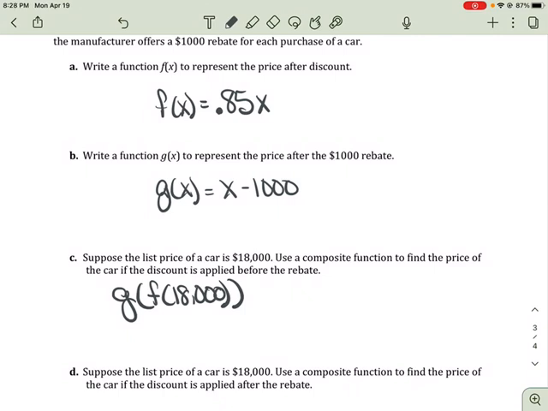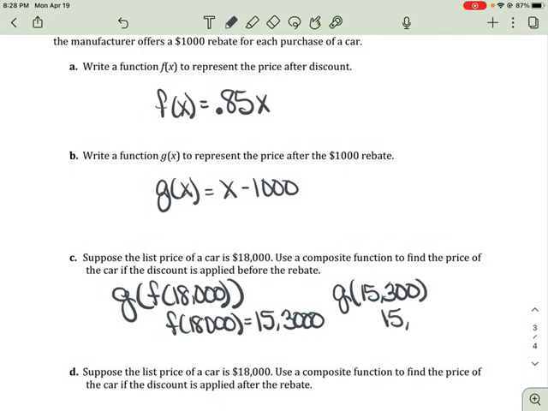Okay, so f of 18,000 is 15,300. And then we're going to find g of 15,300. So we're going to subtract $1,000. So if we take the discount before the rebate, we're going to pay $14,300.